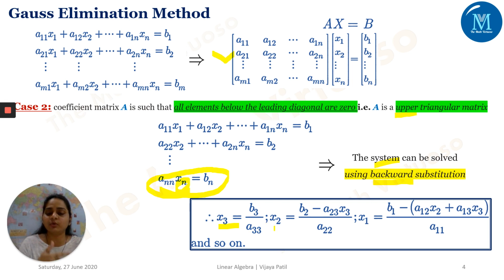Then I go for x2, which is b2 minus a23 x3, upon a22. So we are using x3 to calculate x2. Similarly, in the formula for x1, x2 and x3 are present. That means we find x1 using x2 and x3. This is very important. So it's known as backward substitution.